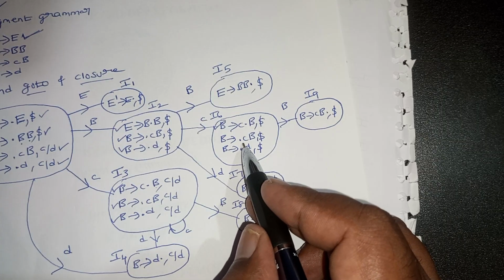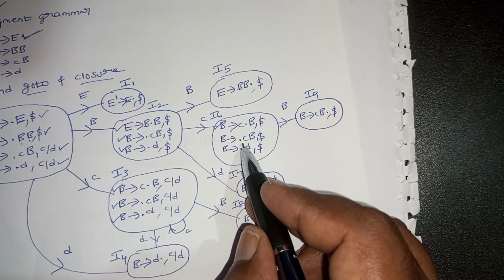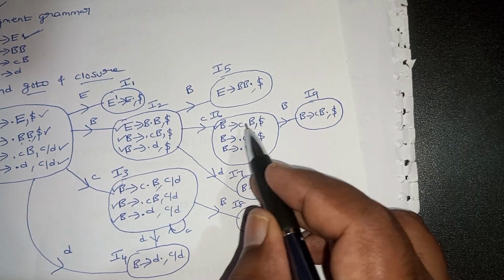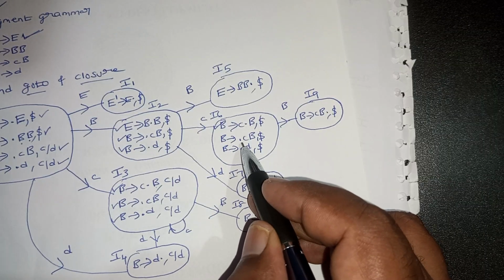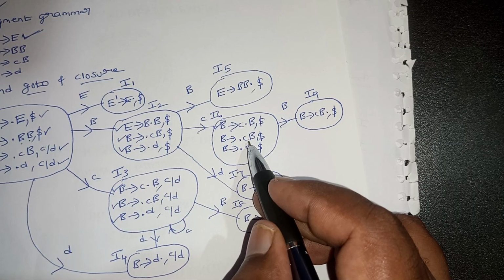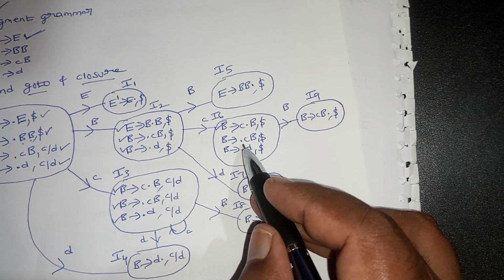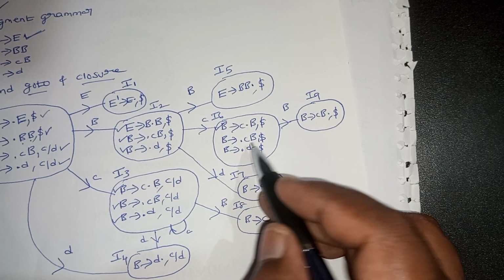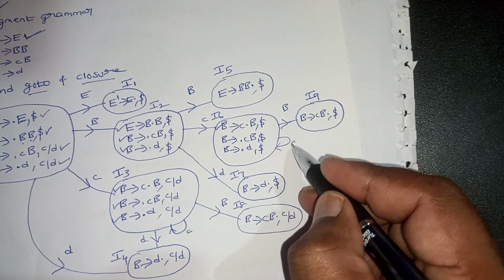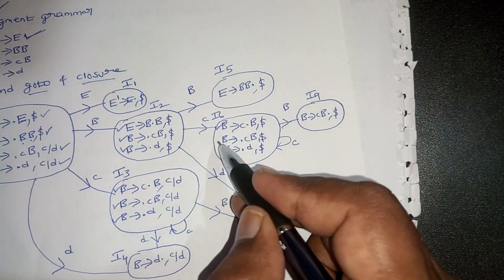When I perform the goto operation on small c, if you analyze, I will get the same: c dot B. Because there is a dot to the left of B, I have to add all the rules. So when you perform goto on this small c, I will get the same. This is also over.